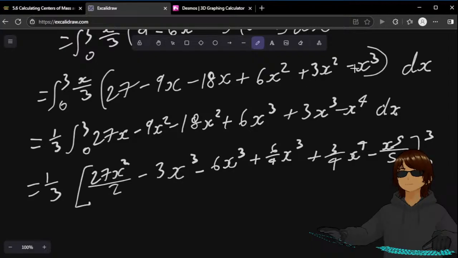Then 2, this became 3, this became 3, this became 4, this became 4, and then this became 5.